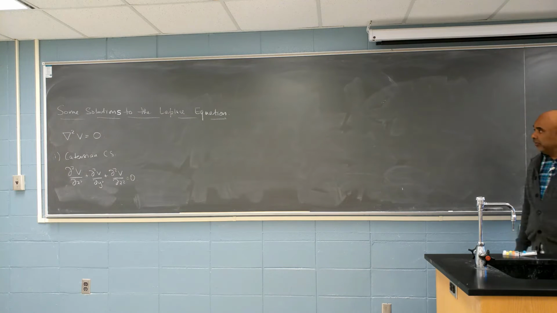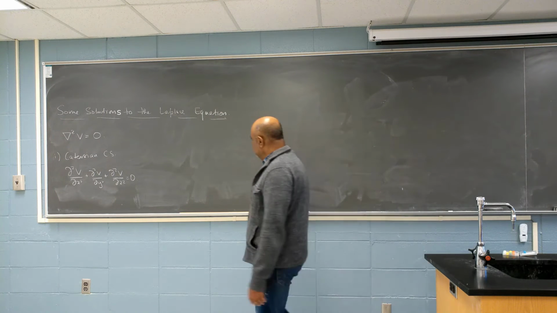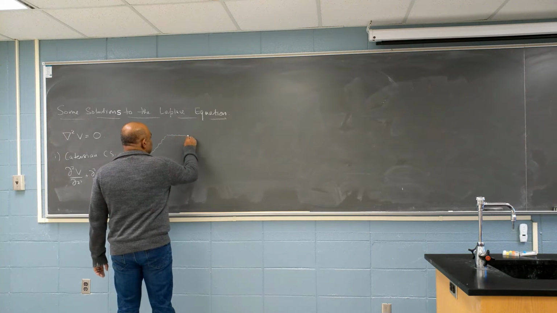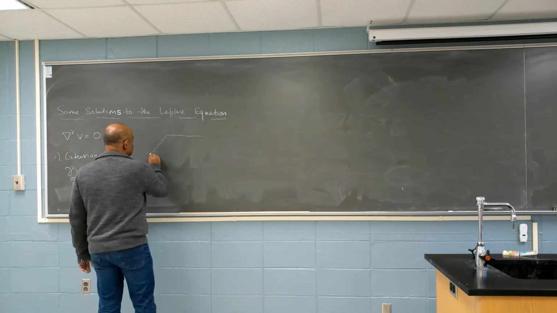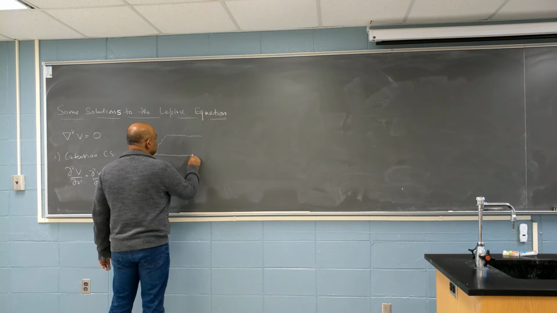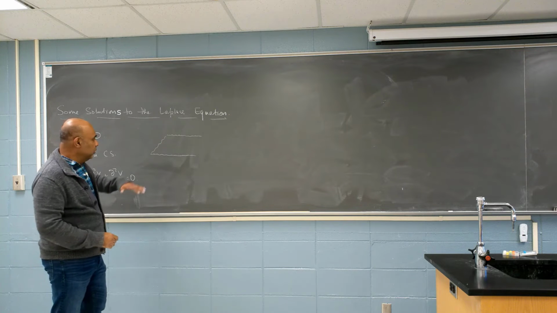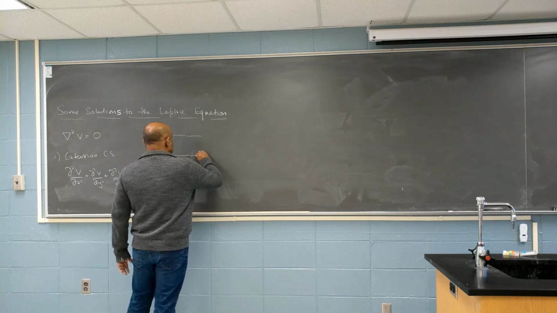And I need to draw a figure. So you have two infinite conducting planes. When I do this, that's what I mean by infinite. It's not a finite edge. I'm just drawing a portion of it, and I'll give you different perspectives of what I'm drawing.